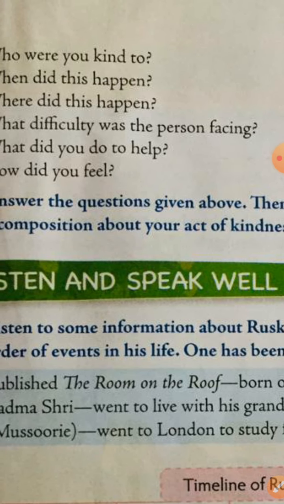Whether it was a person or an animal, you can write what difficulty it was facing. For example, the cat was facing difficulty in crossing the road, or it may be an old man who was unable to cross the road, or you helped a blind man, right? Like that you can complete.